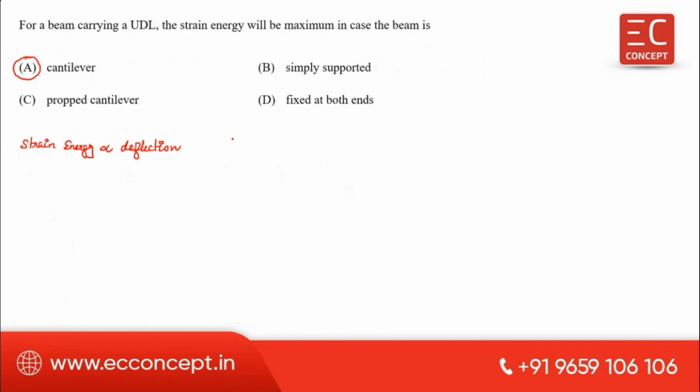Now I can give some of the formulas for strain energy. This also you have to keep in mind. For a cantilever subjected to a point load W, the strain energy U is equal to W squared L cubed divided by 6EI.